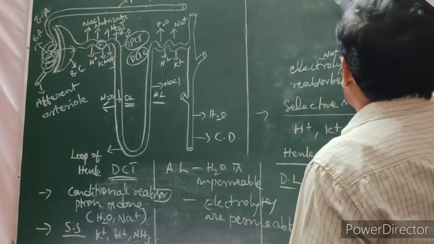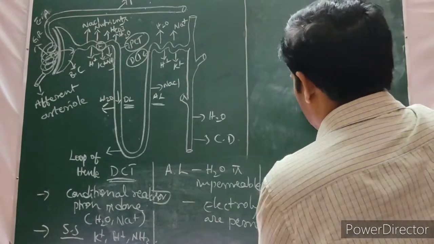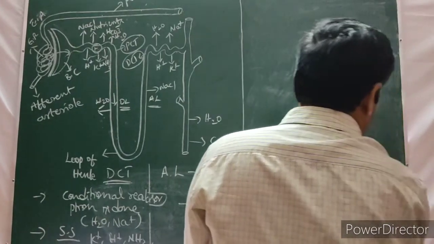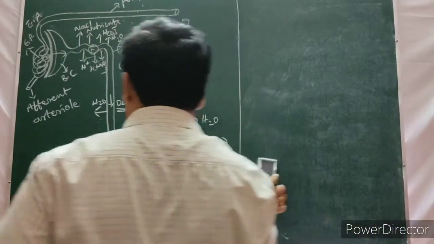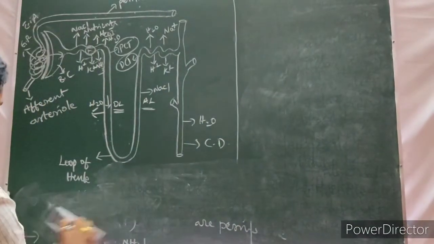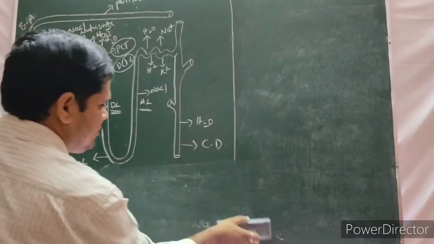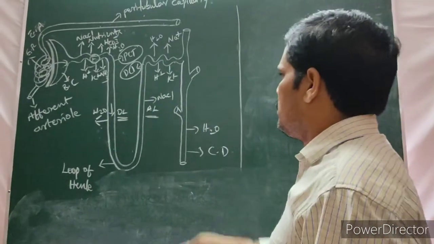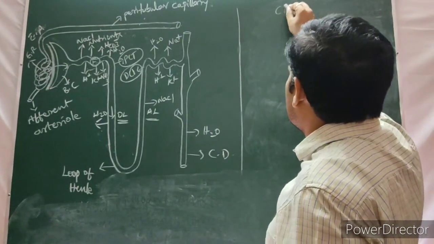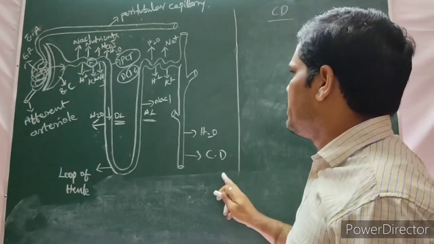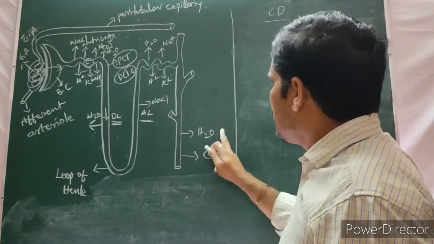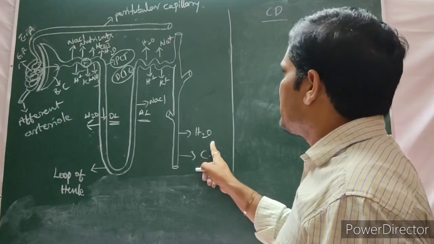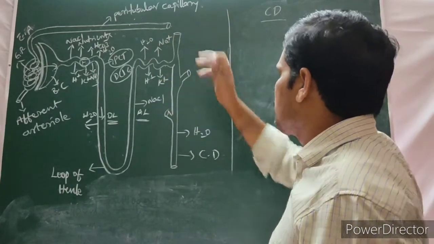Then after that, the collecting duct. CD means collecting duct. In this, reabsorption of water only is done, from the collecting duct to the peritubular capillary.